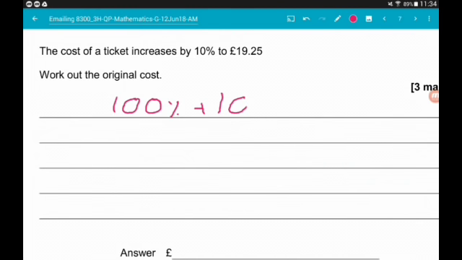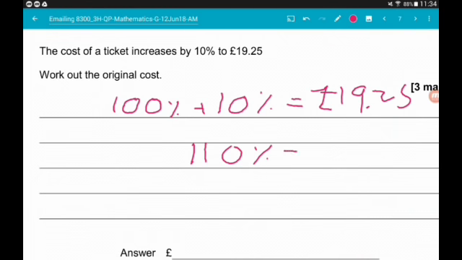So we've added 10% and that gives us £19.25p. So 110% of the original cost of the ticket is £19.25.